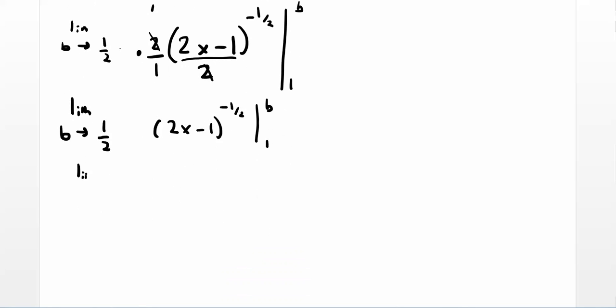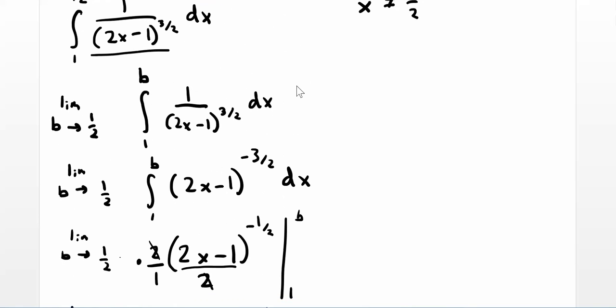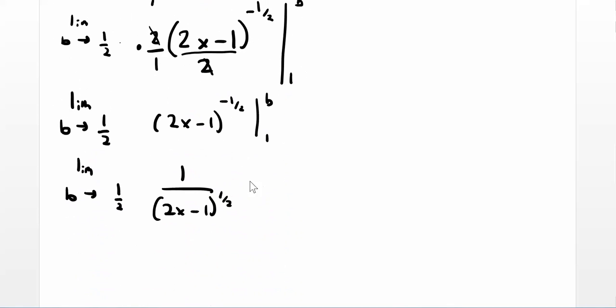Keep going. 1 over 2x minus 1 to the 1/2. I like to have a positive exponent. It just makes it easier to work with. So we move it back down to the denominator. Again, evaluated from 1 to b.